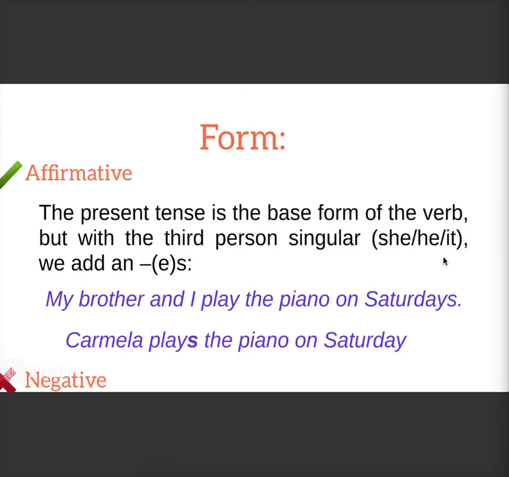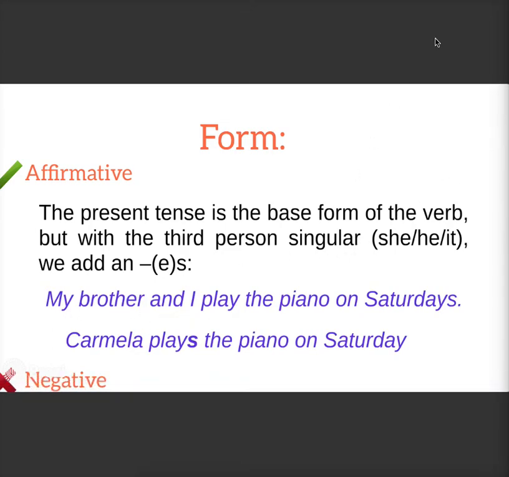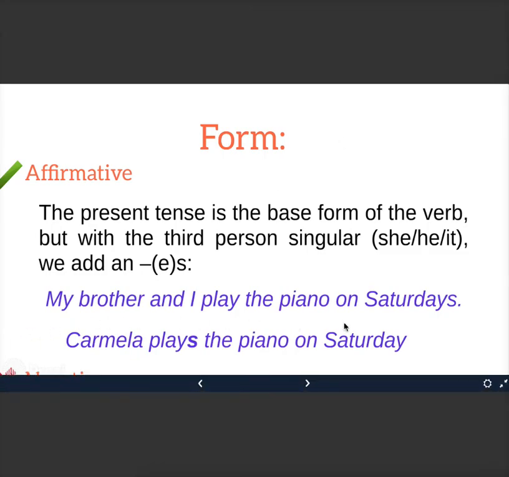Because in these cases, don't forget that you have to add a final S. No se les olvide que con he, she, it tienen que agregarle una S final al verbo o una ES dependiendo de las excepciones que les di. Ya se las di, ya hablamos de esto, entonces porfa revísenlas. Let's take a look at the example. So, example number 1. My brother and I play the piano on Saturdays.